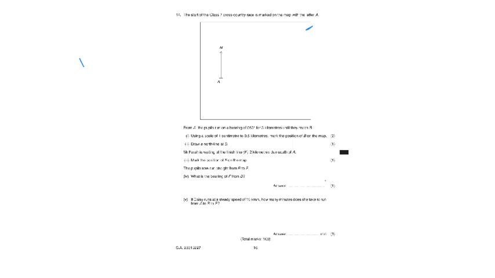So 60 degrees, I measure it from A, it's going in that direction, using a scale of 1 centimetre to 0.5 kilometres. So that's going to be 6 centimetres. So say 6 centimetres for me is over there.